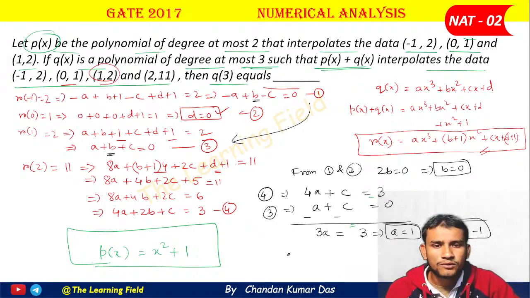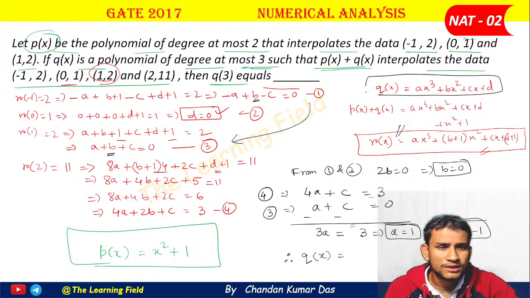Therefore what we get, then not R(x), sorry, Q(x). So Q(x) from this equation we get Q(x) equal to x cube minus x.